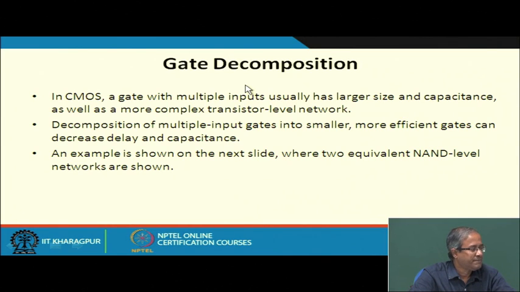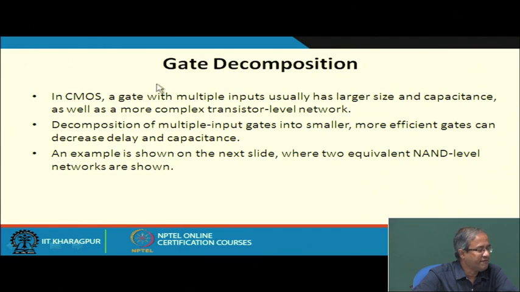And the last one is gate decomposition, means there are some rules of Boolean algebra, using which you can decompose gates into smaller gates. Well, the reason is twofold.